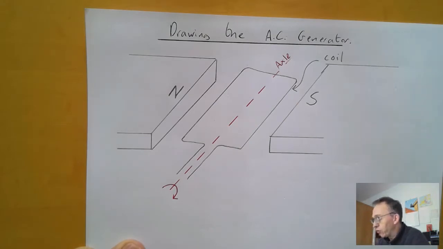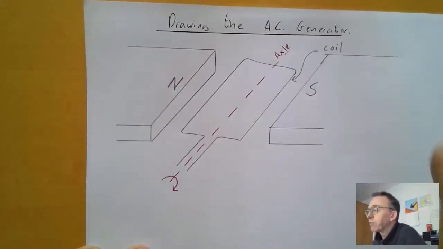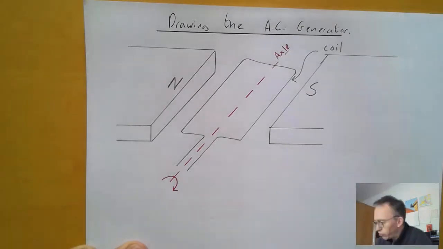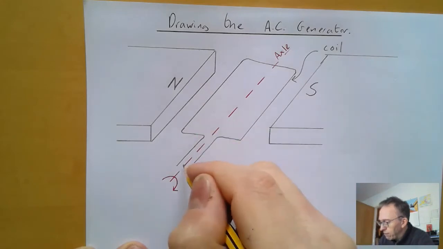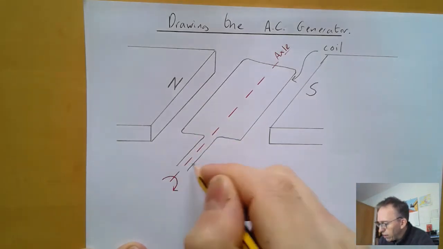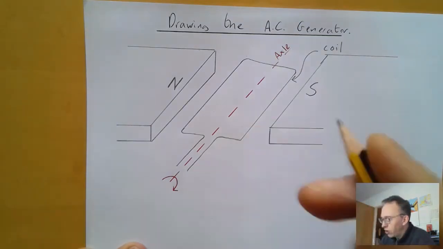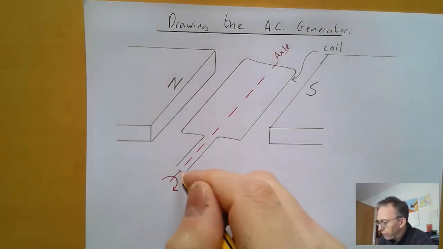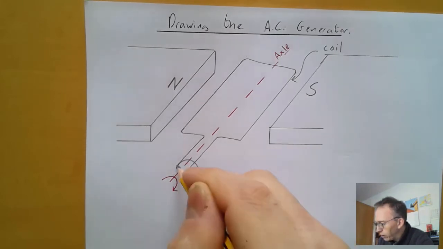The EMF is no good unless we can actually draw off a current. So that's where the slip rings come in. So we need to draw two slip rings. The slip rings are centered on the axis because they have to spin around it, but one has to be connected to one side, something like that.